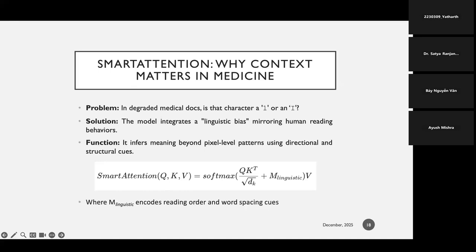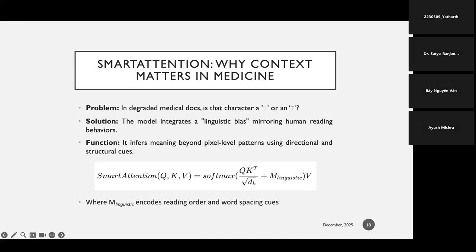It encodes the rules of the language, like the fact that we read from left to right and that certain letters usually appear together. So when the visual part says, I'm not sure what this blurry pixel is, the linguistic term steps in and says, based on the surrounding letters and the spacing, this must be an I, not a number 1.